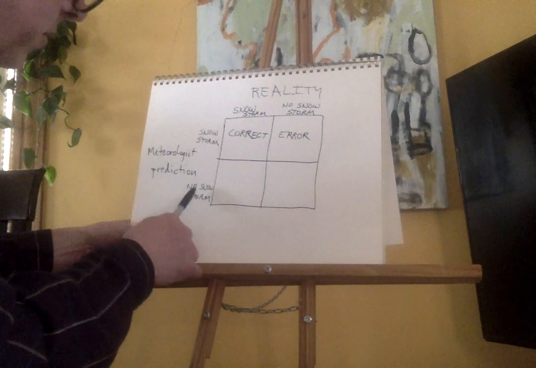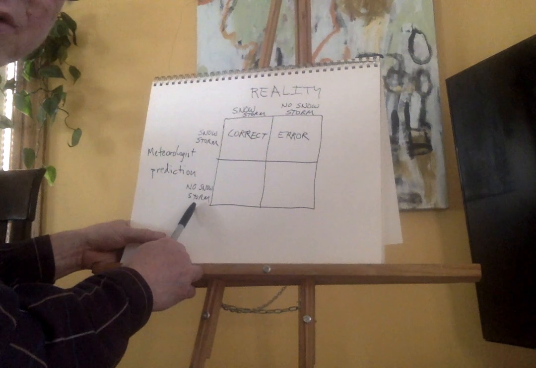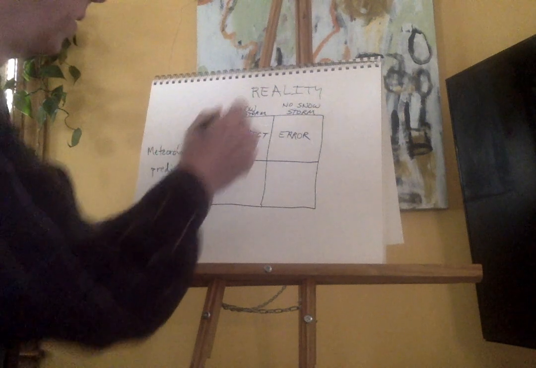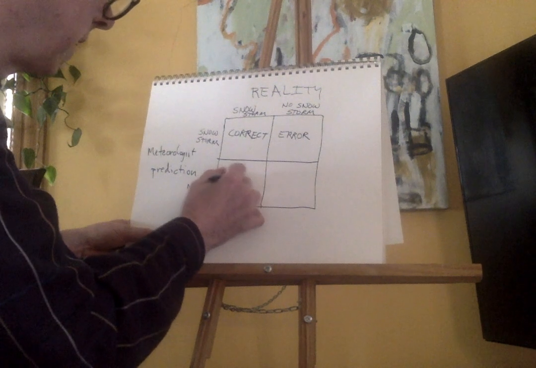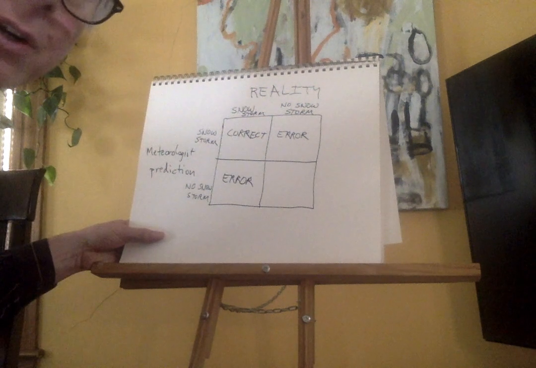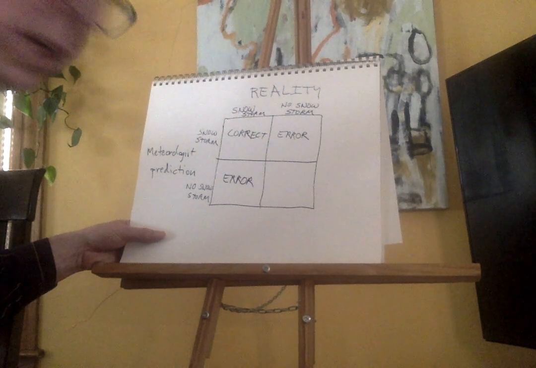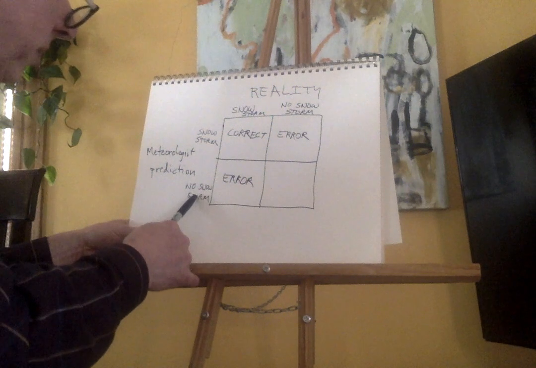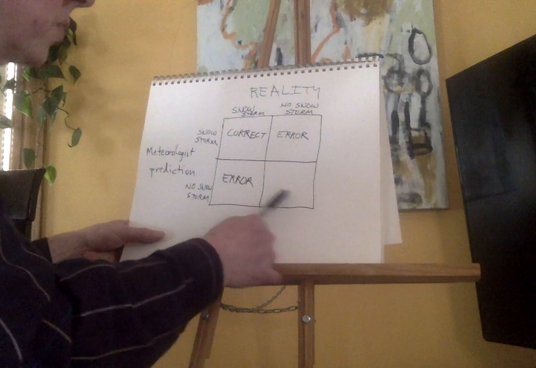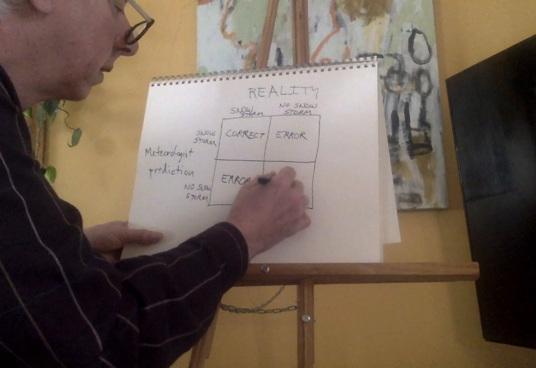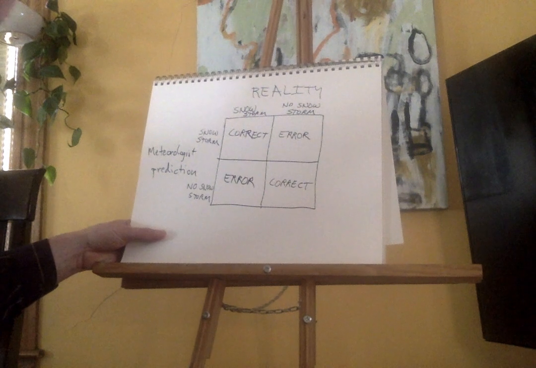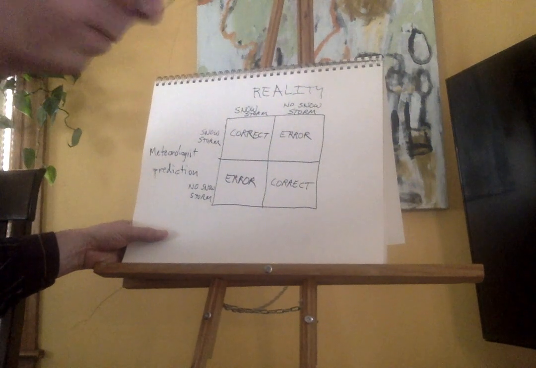So the meteorologist could also predict no snowstorm, and the snowstorm comes, and so in that case, that's an error as well, okay? Or the meteorologist could predict no snowstorm, and no snowstorm comes, and of course, that would be correct as well, okay?